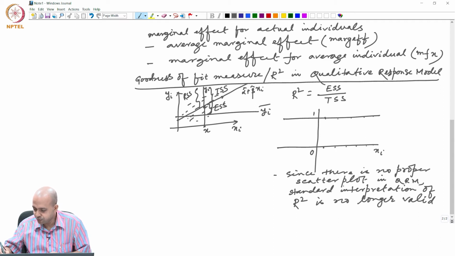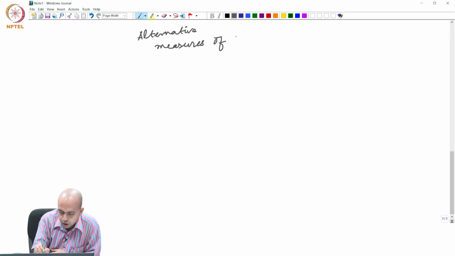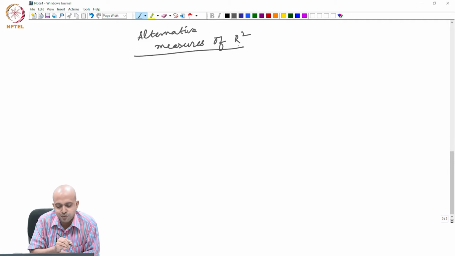Let us see what type of alternative measures we can derive, alternative measures of R square in the context of qualitative response model.